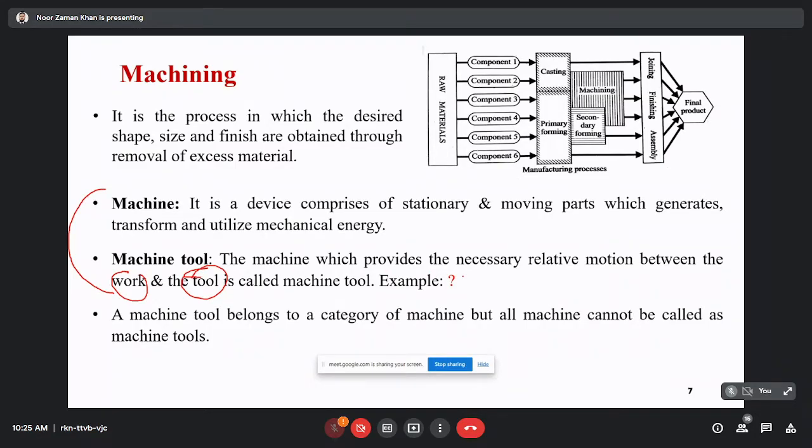Pardon? Milling cutter. Actually, I'm not talking about the cutting tool. I'm talking about the machine tool. Let's see the definition. A machine which provides necessary relative motion between the workpiece and the tool is called the machine tool.